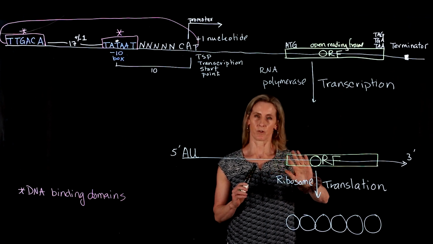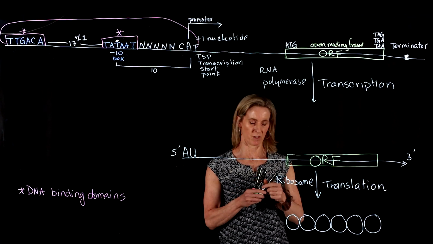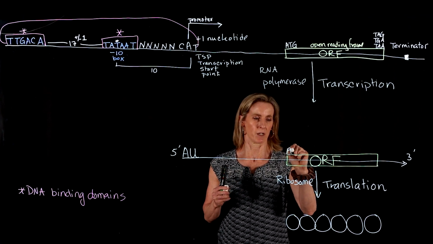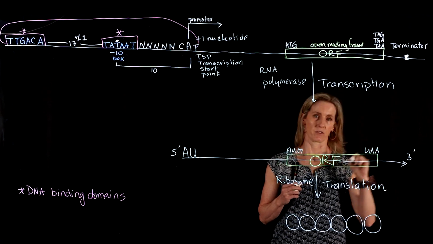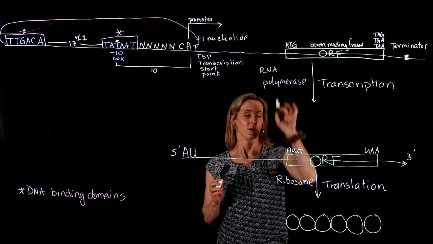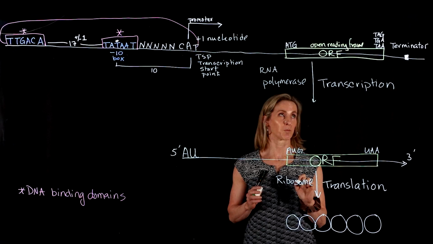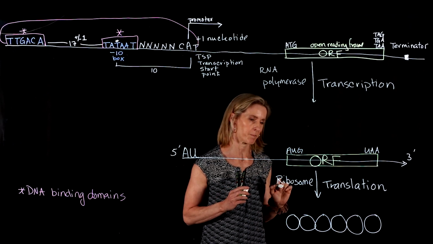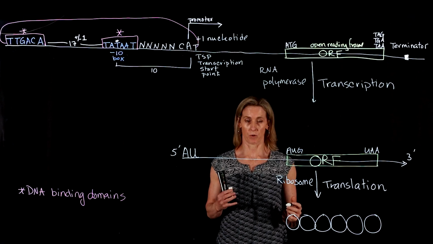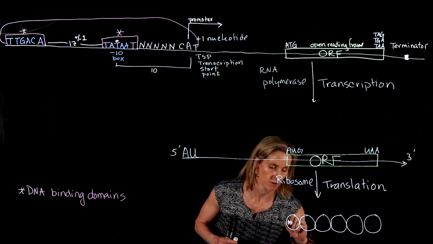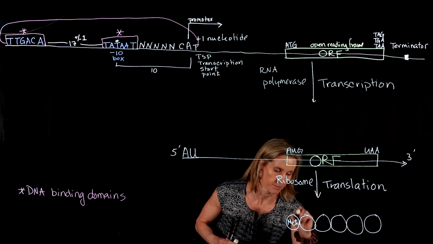And each of these little circles is representing an amino acid in the protein sequence. Now remember that the open reading frame is defined by a start codon and by a stop codon, and I've rewritten these codons with U in place of T because it's mRNA. The start codon actually codes for an amino acid, and it is always methionine.